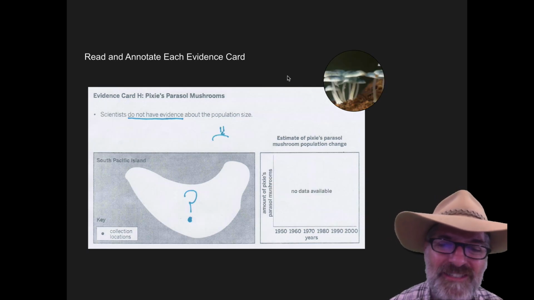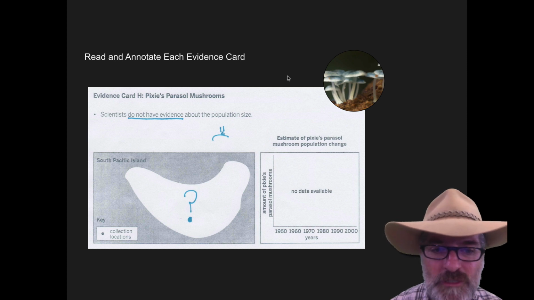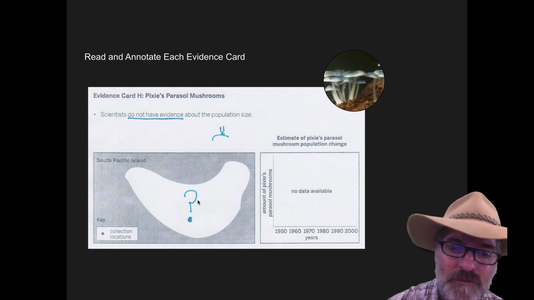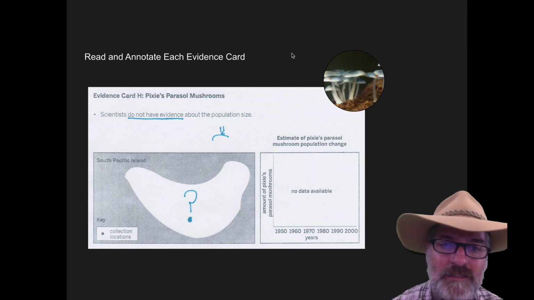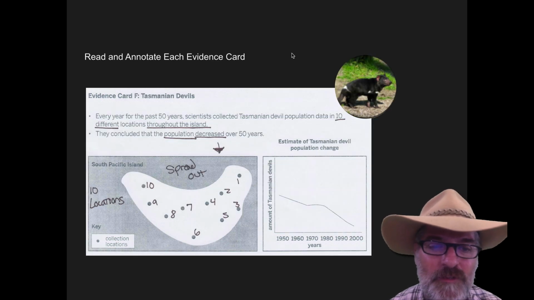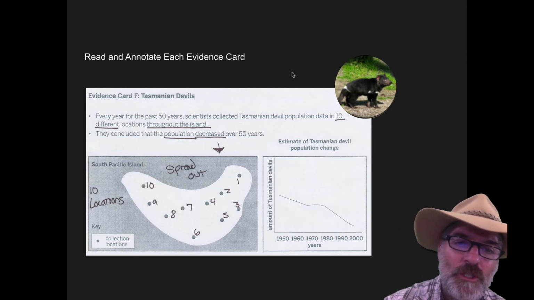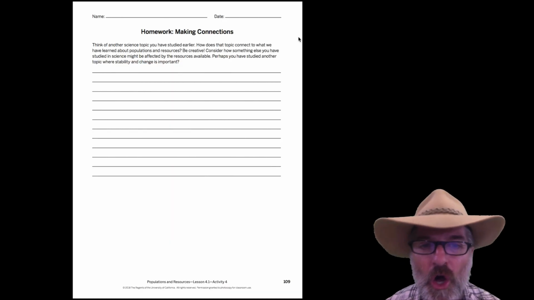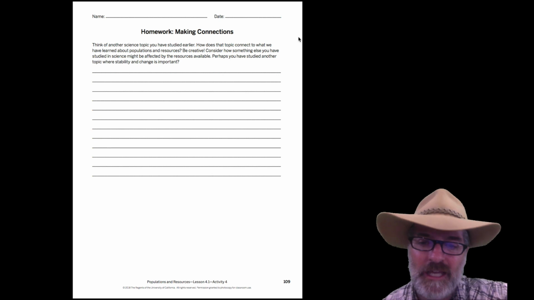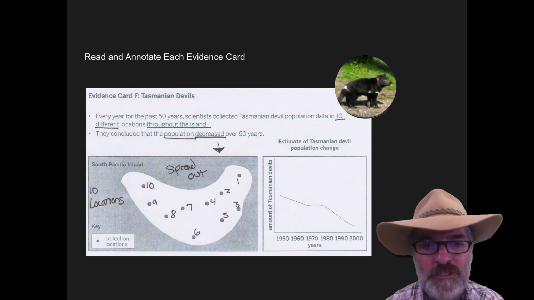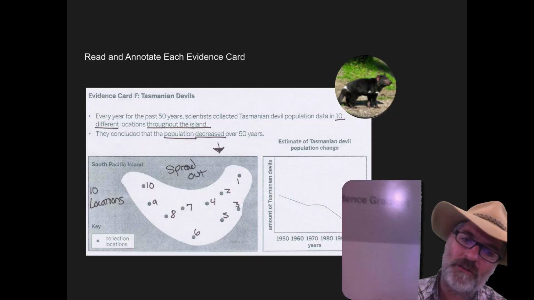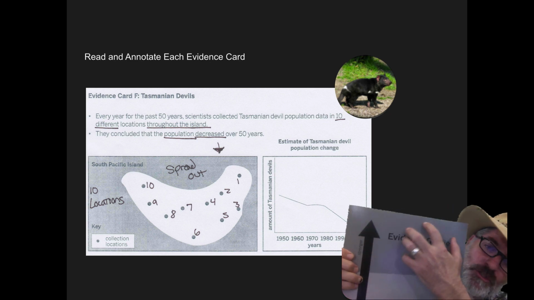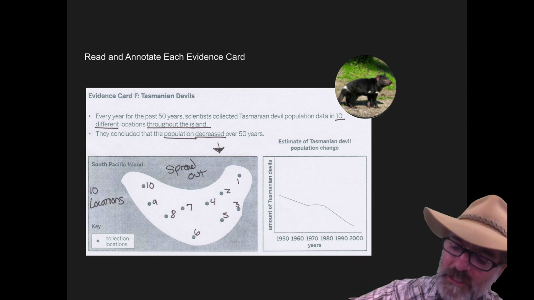Over here, there's actually no evidence for the mushrooms, so she's got a little sad face. Question mark, why? Why wasn't it collected? And here's one for the Tasmanian devil right here. So again, what I need you to do is go to all of the evidence and annotate all those cards, and after you've annotated those cards, then just rank them of what's the strongest evidence to the weakest evidence.